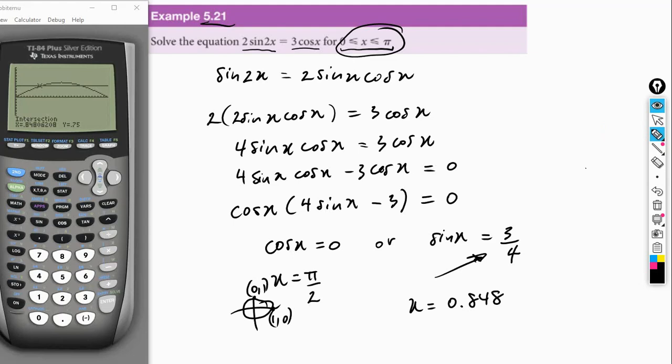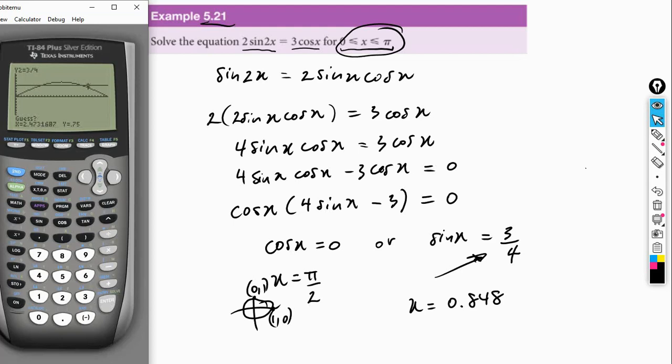And now let's proceed to find the second solution. So we need to go again, second, calculate, intersect. But now we need to move the cursor to a place closer to the other intersection. So there we are. First curve, enter. Second curve, enter.